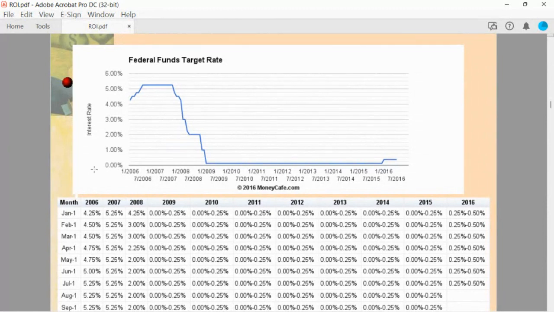And even prior to that, in January of 2005, the Fed funds rate was almost like 1.25, something like 1.25. So that means what? Over just one year, they hiked up the Fed funds rate by 4%.